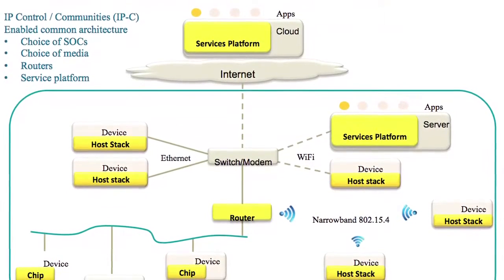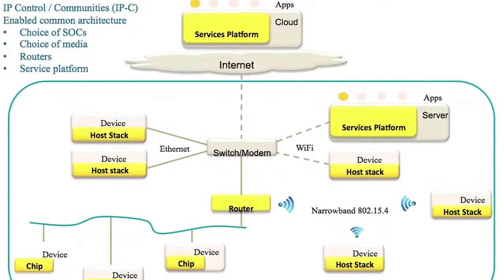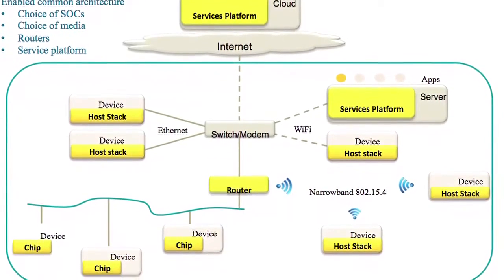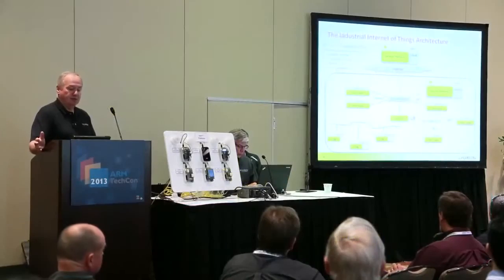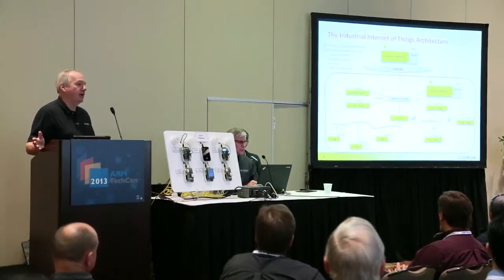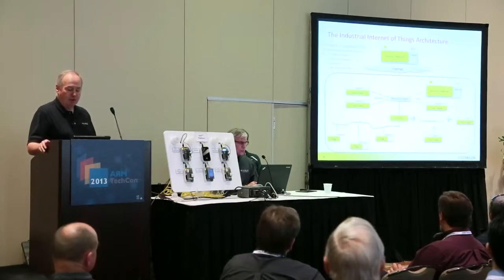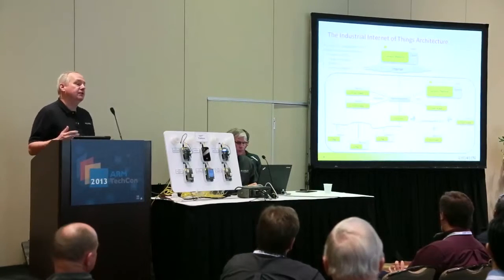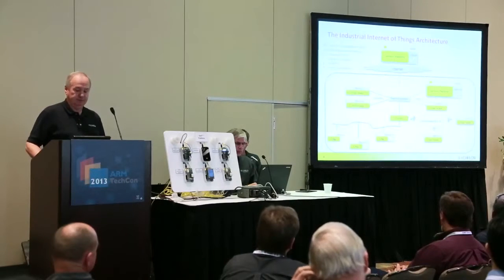There could be a services platform in the cloud doing analytics and data gathering. Comes down to a local site where there's networking infrastructure, some devices connected on Ethernet, some on Wi-Fi, some on narrowband, low-power wireless, some on multi-drop wired communication or even power line communication. And so these systems tend to be multi-link.